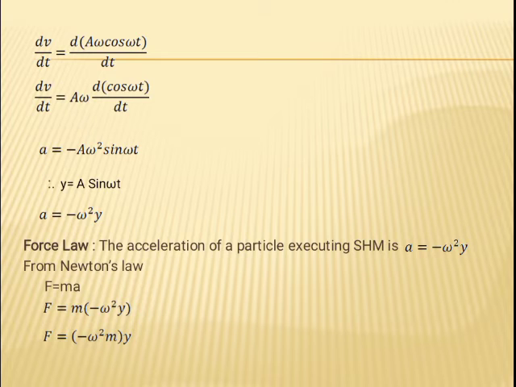So in simple harmonic motion, the acceleration is a is equal to minus omega square y, as we have derived here. I have explained how omega square came and how y came. Now, from Newton's law, F is equal to mass into acceleration. So for this I am going to substitute the acceleration value of the particle.